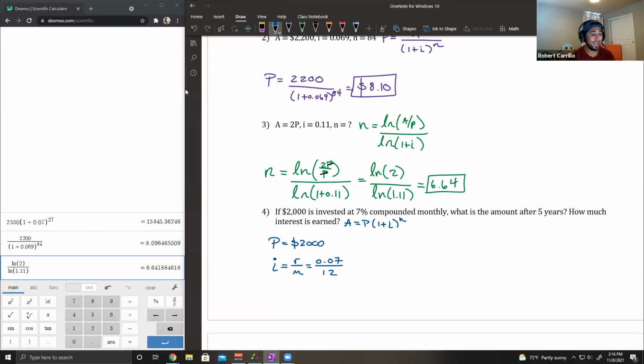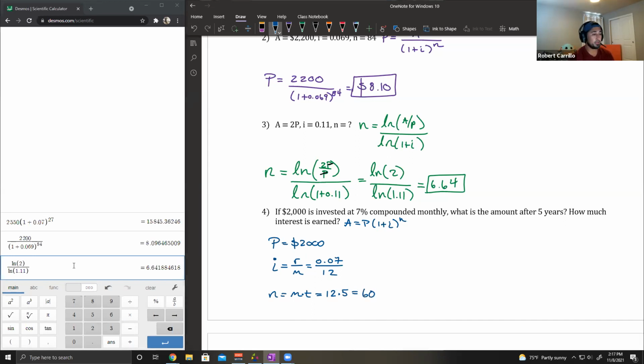And then n is the number of compoundings times time. Well, once again, we are compounding monthly, so that number will be 12, and we are doing this for 5 years. So 12 times 5, we get 60.